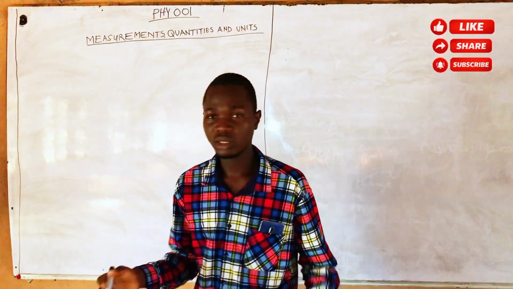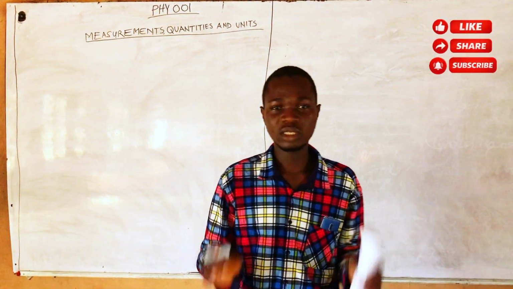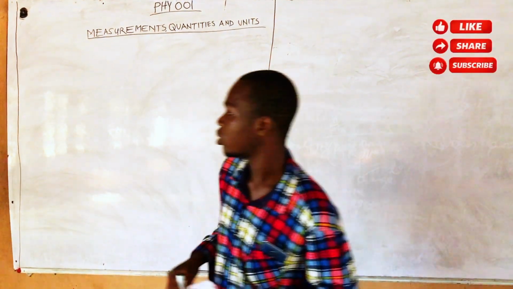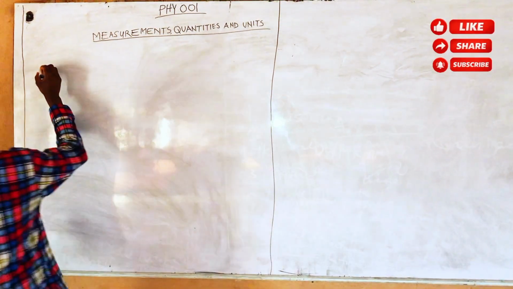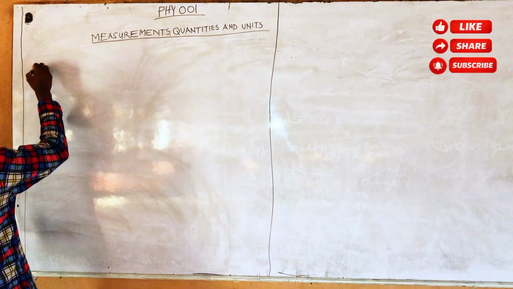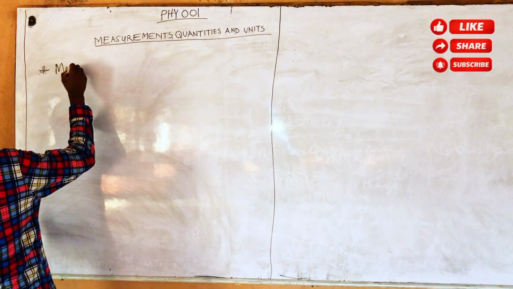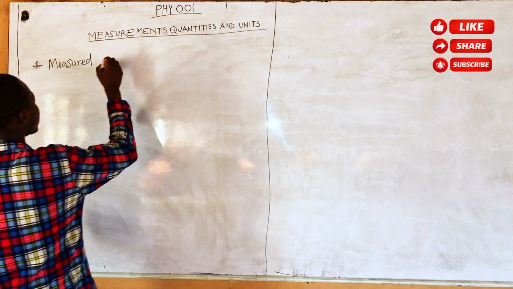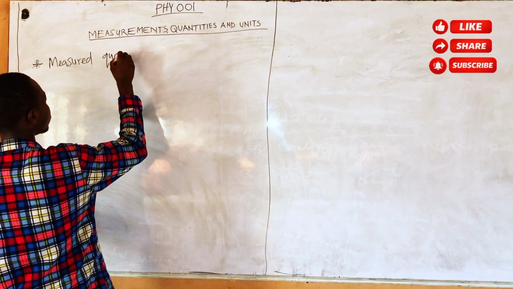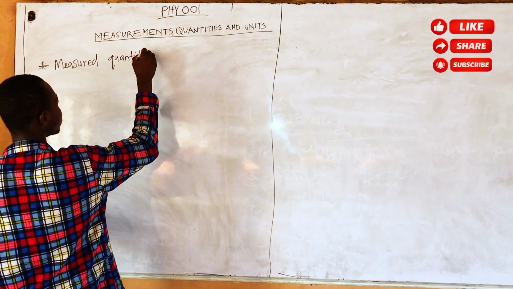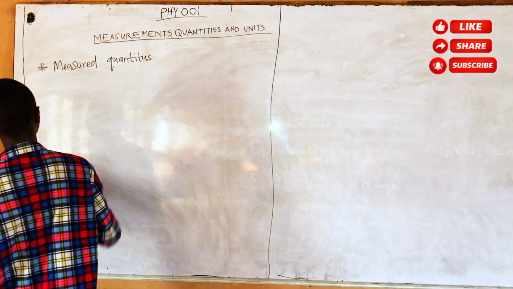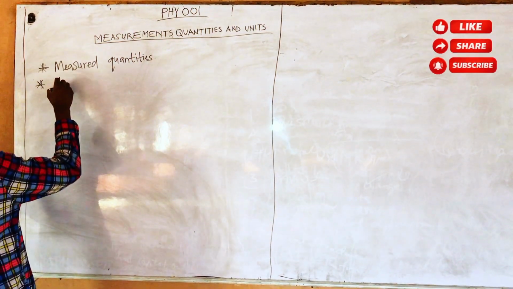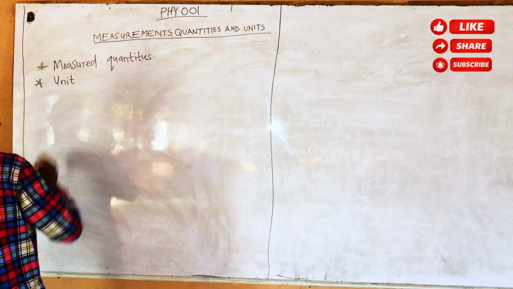So when we talk about measurement, there are two important things you must know about it. Number one, measurement has measured quantities, and also it has units.